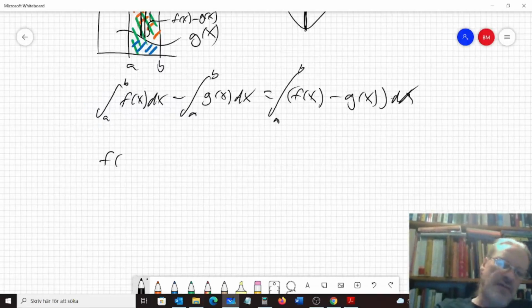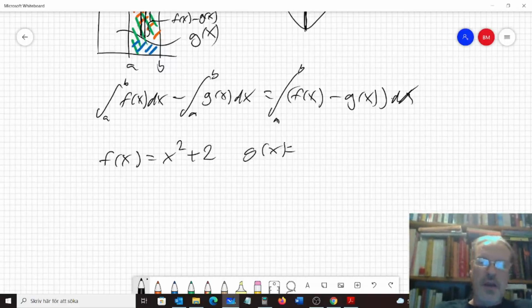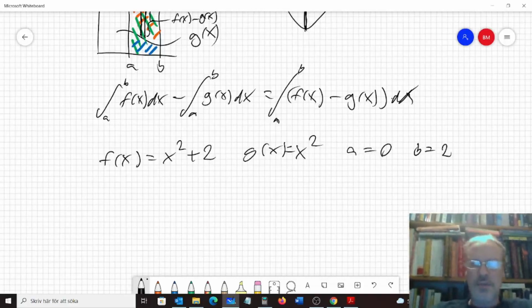Say that f of x equals x squared plus 2 and g of x equals x squared, and a is 0 and b is 2.